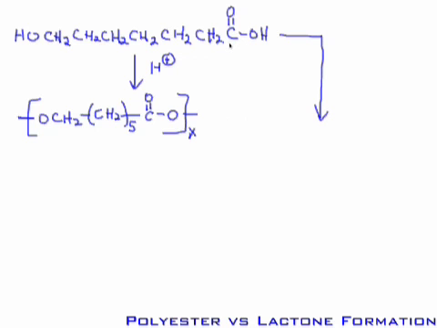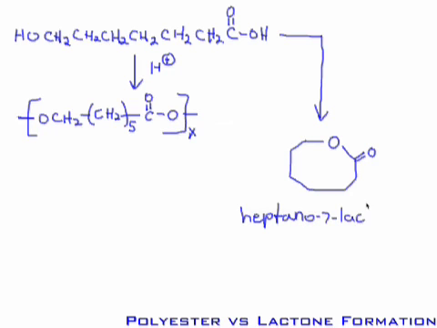Produce what is essentially heptano 7-lactone. With 7 carbons, add the oxygen in, you're going to have an 8-atom ring. 7 carbons, 1 oxygen. This would be heptano 7-lactone. Now, how are you going to produce heptano 7-lactone from 7-hydroxyheptanoic acid?